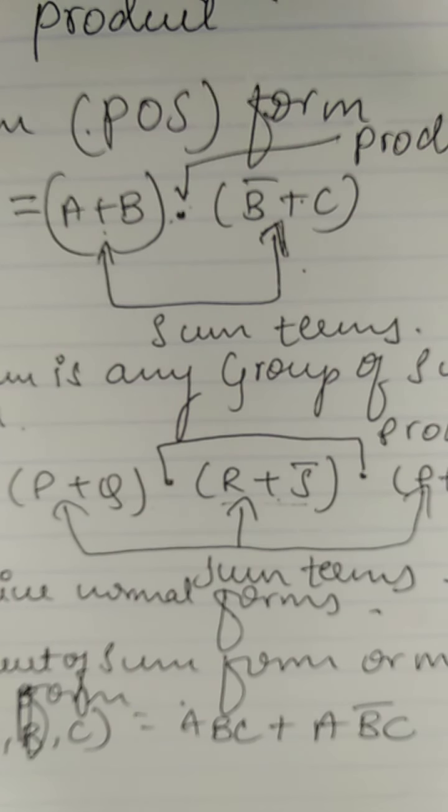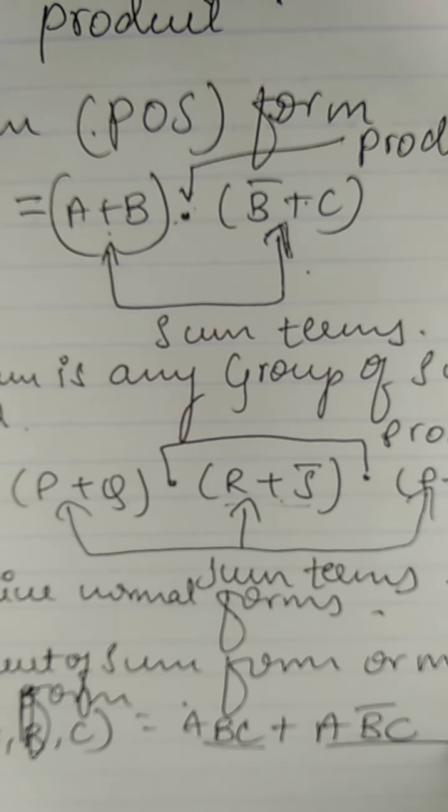What they are saying is, if each POS term consists of all the literals A, B, C, in complemented or uncomplemented form, it is also known as a standard canonical form, that is, canonical product of sum form. It is also called the max-term canonical form.